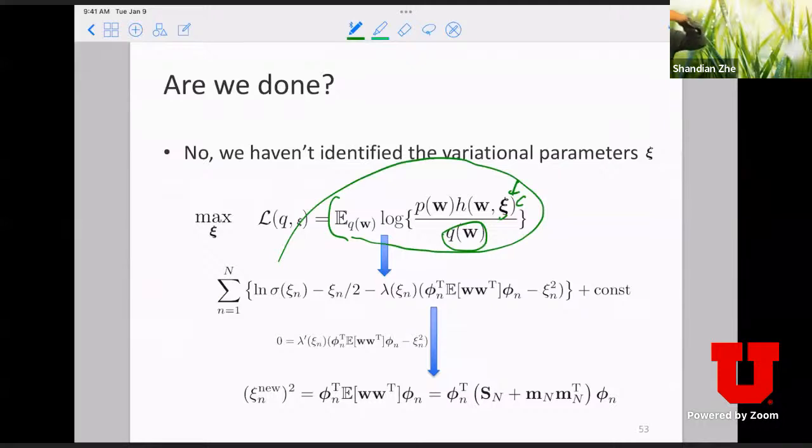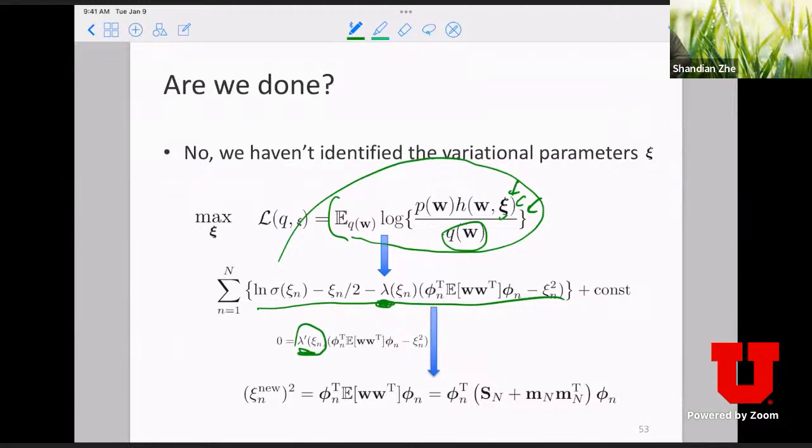We fix C, then we optimize Q of W, which is analytical, which has closed form, which is Gaussian. Then we fix Q of W, we maximize this lower bound with respect to C to make it as close to the true joint distribution as possible. When we maximize with respect to C, you see why we don't directly solve C in terms of lambda: when you take the gradient of this, you actually never need to care about lambda at all.